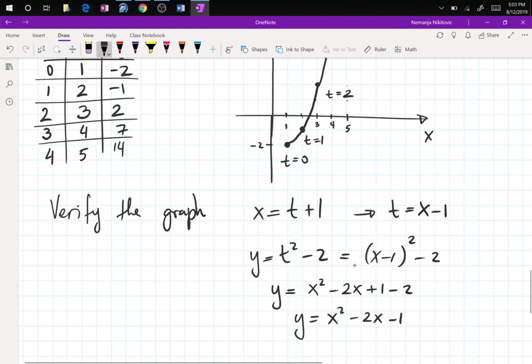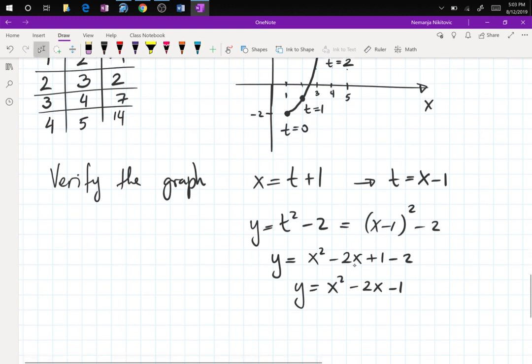There we go. So it is a parabola. And if you are to plug in 1 over here, you better come up with negative 2. So plug in 1, you get 1, minus 2, minus 1. When these guys cancel, you get negative 2. So perfect.